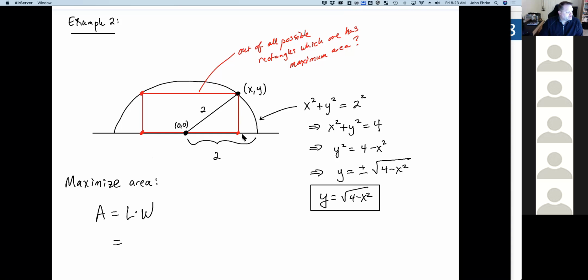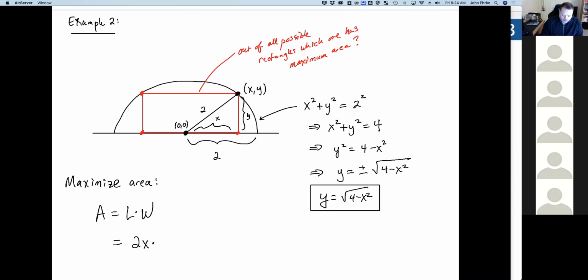So length is 2x, the horizontal distance. It's 2x. Very good. Since I made this the coordinate (x, y), this distance here is x, and this distance here is y. So my rectangle has length 2x, and it has width, the height, which would be y.